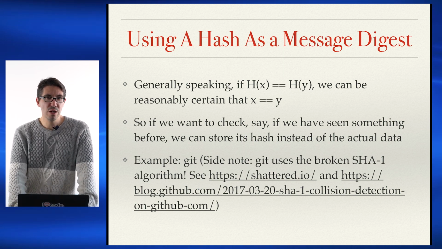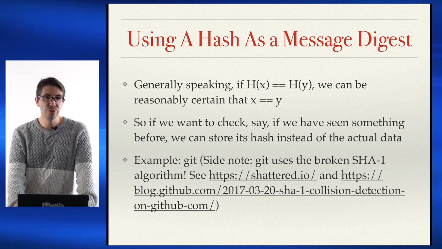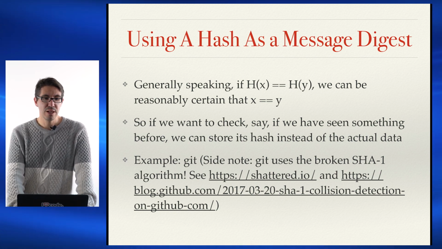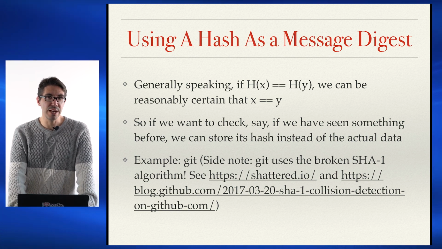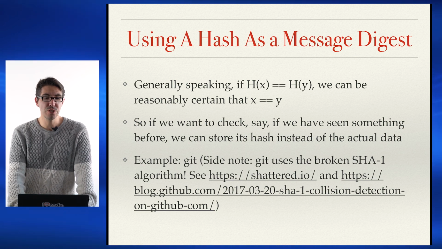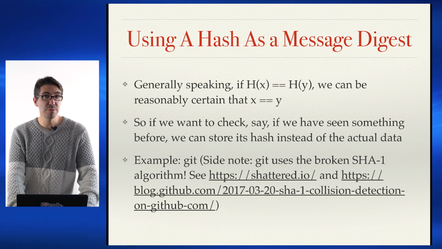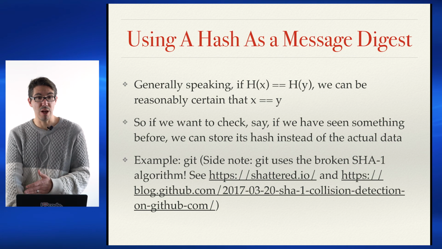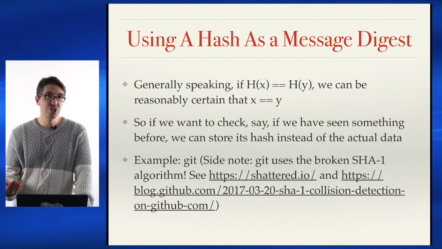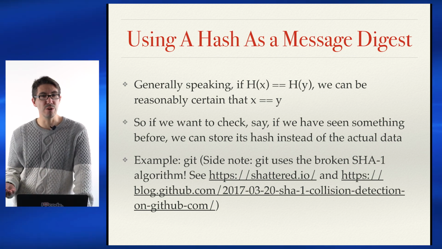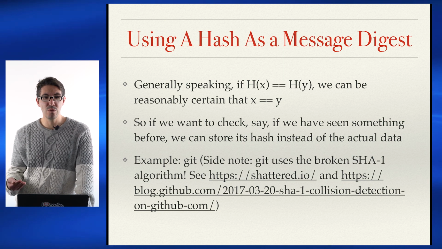We can also use a hash to prove what we said. If h of x is equal to h of y, and we are collision-resistant, we can be reasonably certain that x equals y. So if we want to check that we have seen something before, for instance, we can just store its hash instead of the actual value.